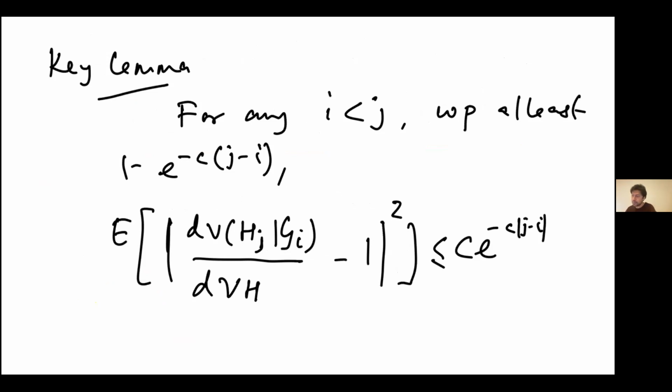And this is the key lemma, that it actually exhibits some exponential decay of correlation. Suppose I give you all the information up to k^i. Then the conditional law of the field from k^j onwards, properly scaled, has a Radon-Nikodym derivative with respect to the unconditional law that is very close to 1 in an L2 sense, and this closeness decays exponentially as a function of the distance between j and i.